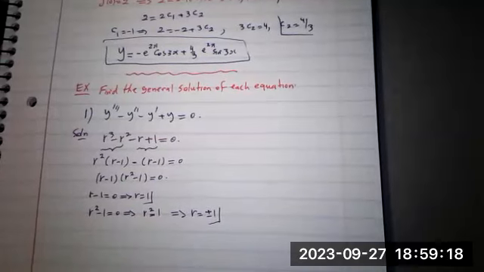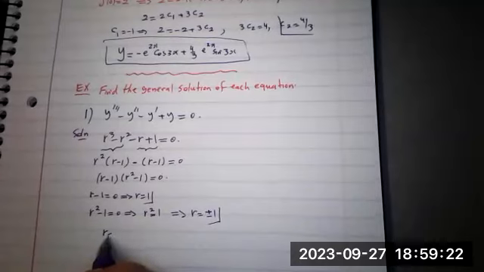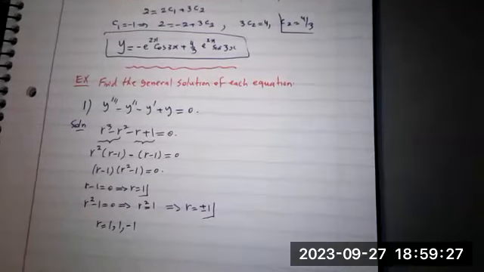So your solutions are going to be 3 solutions, remember? So r is equal to 1, 1, and -1. This means you have one distinct solution, which is the -1, and you have one repeated one.